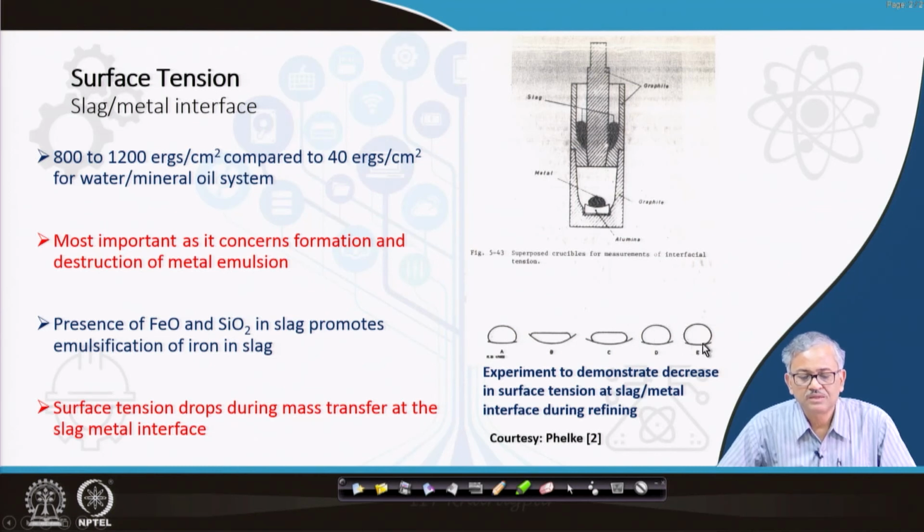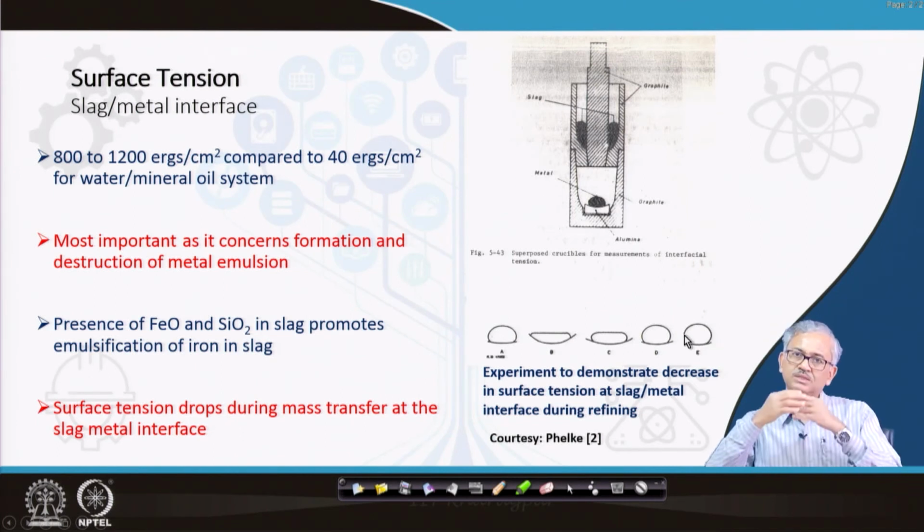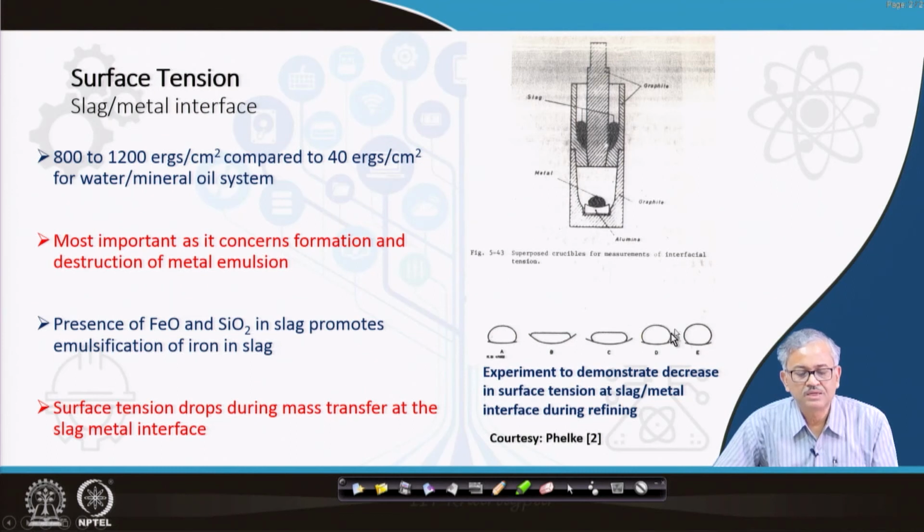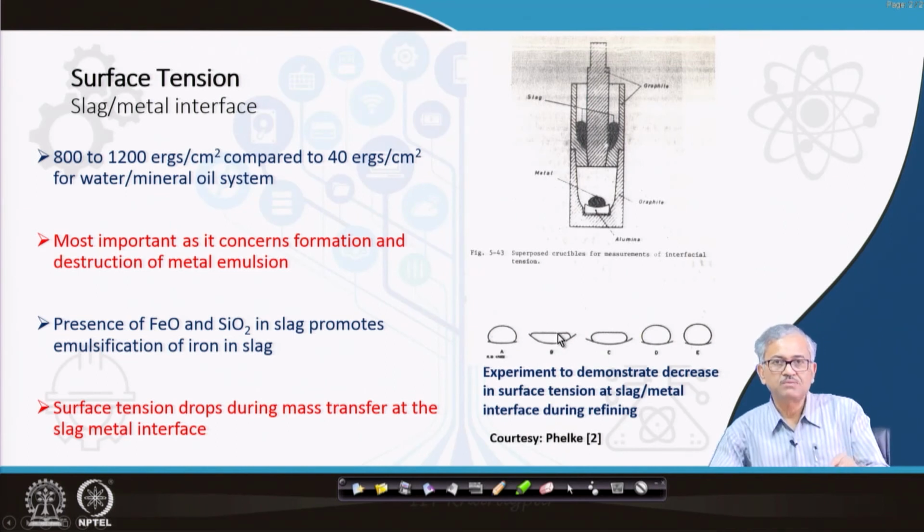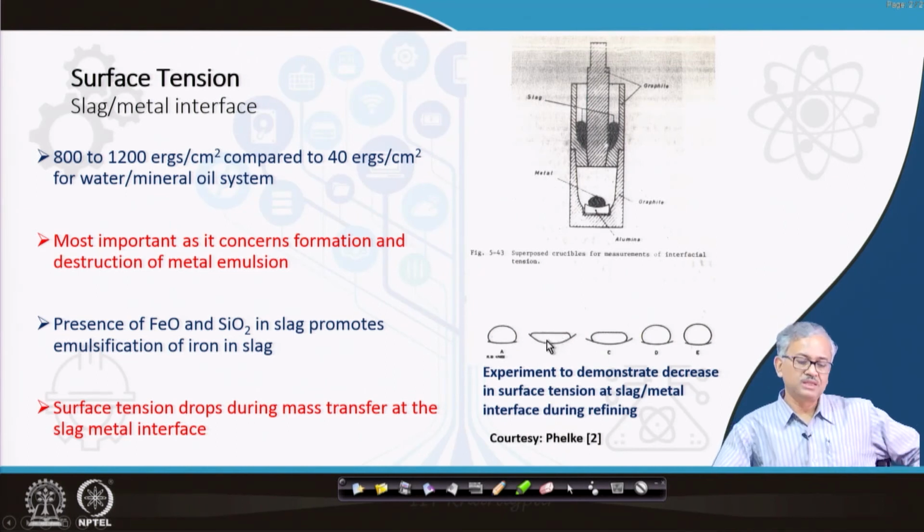And finally there is the metal droplet, and when the mass transfer has finished, then the metal droplet has regained its old shape, that is, the contact angle again increased to the initial state. So during the mass transfer, the surface tension at the slag metal interface decreases significantly, and that is indicated by a very low contact angle. In this case, you can find almost flat surface. That means your contact angle is almost zero, that is, the surface tension is almost zero.